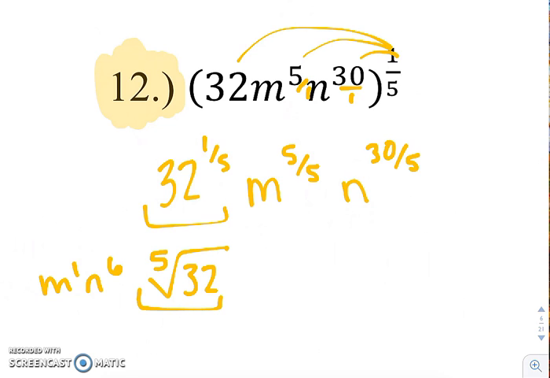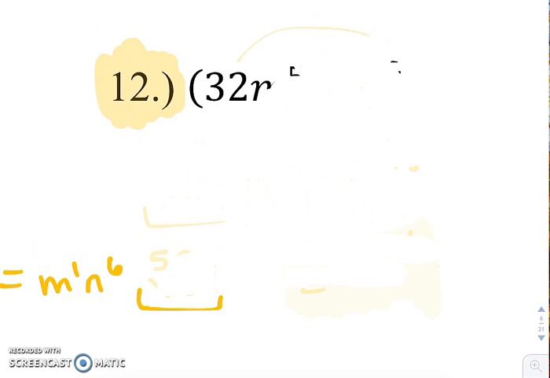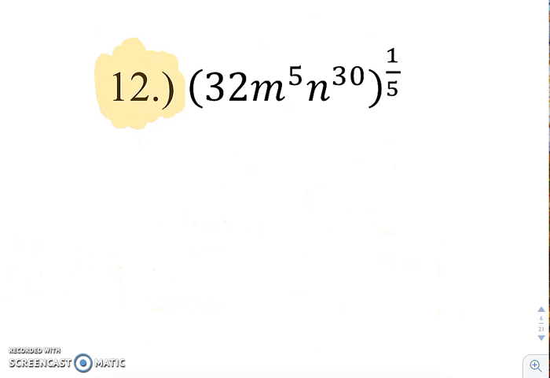Well, can you take the 5th root of 32? Yes, it is 2. So that will actually now be out there with your m and your n. So that's one way of doing it. You can distribute that exponent in, which in the past, your brain always tells you to do first, and that is what order of operations tells you to do. But since we know how to write expressions with rational exponents in radical form, you can also, from the beginning, just start with that.